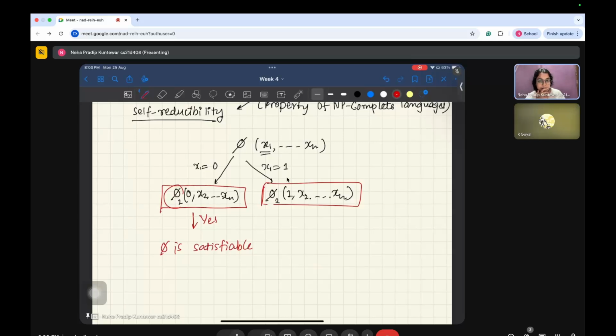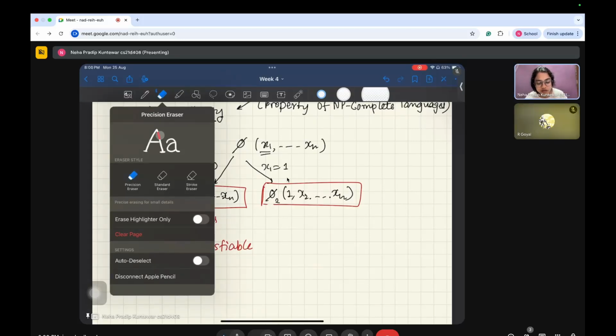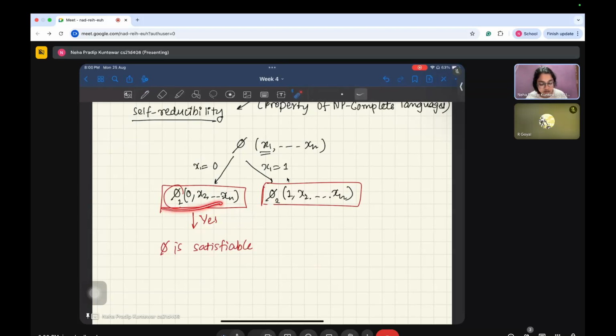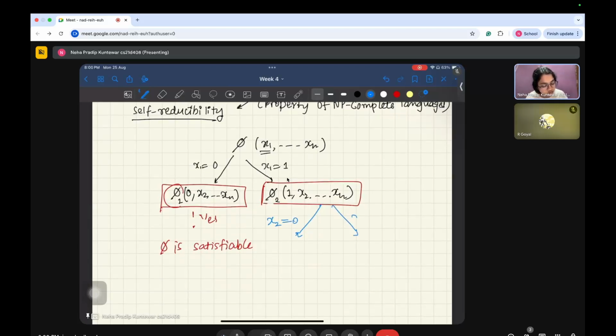But then who will tell me that after making the value of x1 as 0, this entire formula is satisfied? So what you do is you do the same process. Think of starting at this point and asking whether x2 is 0 or 1. Let's say I know that phi 2 is satisfiable. So I'll ask, if I put x2 as 0 or x2 as 1, what about this new formula?